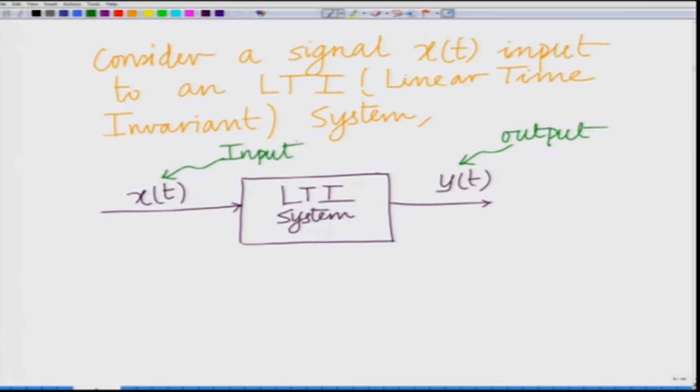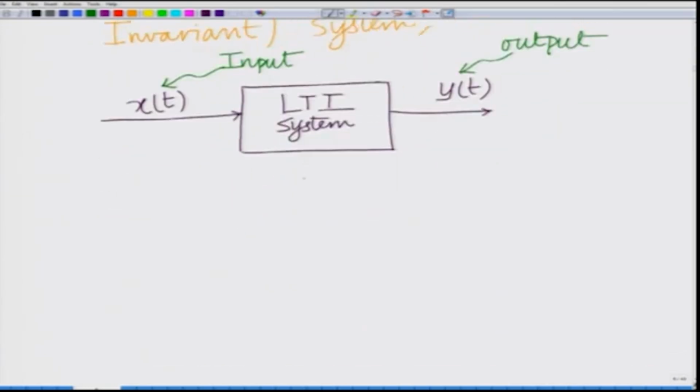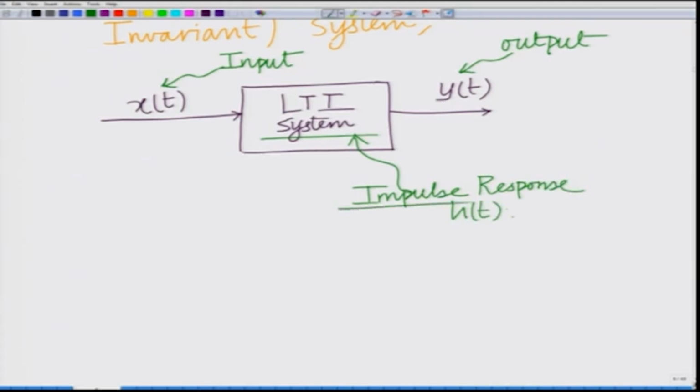So, y(t) is the output of the LTI system, x(t) is the input to the LTI system, correct, and any LTI system is characterized by an impulse response h(t). What is the impulse response h(t)?